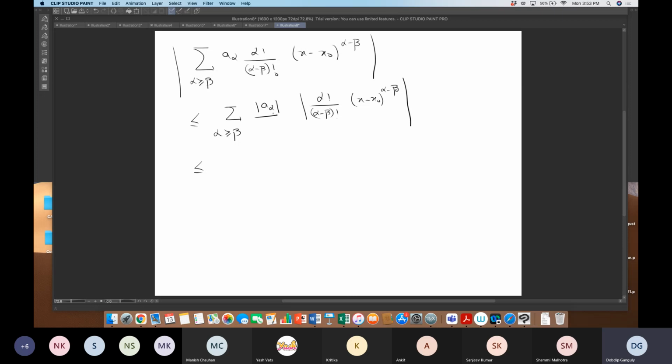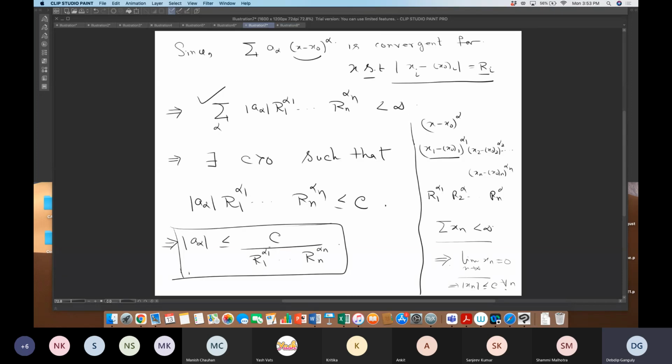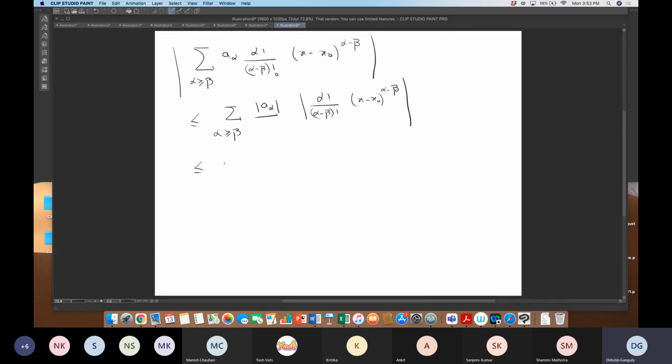What is a alpha? You use this product: a alpha is less than C by r1 to the power alpha 1 dot dot dot rn to the power alpha n, summation over alpha greater than or equal to beta, alpha factorial by alpha minus beta factorial, mod of (x minus x naught) to the power alpha minus beta.